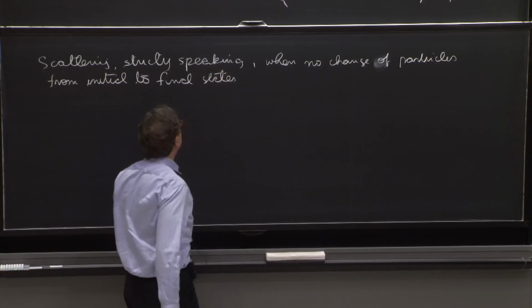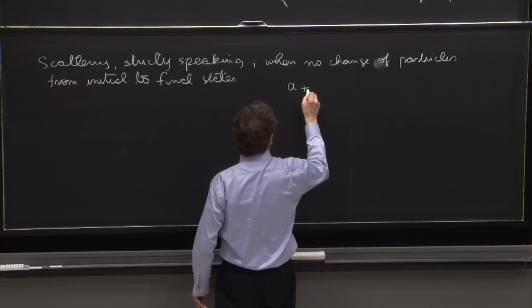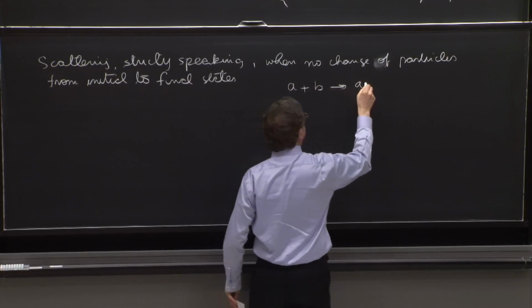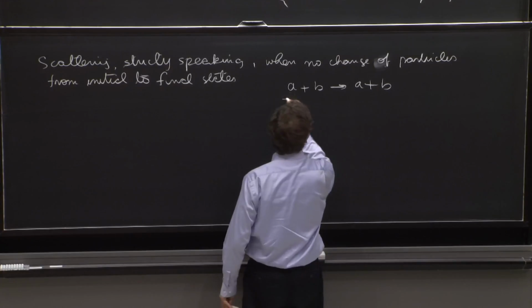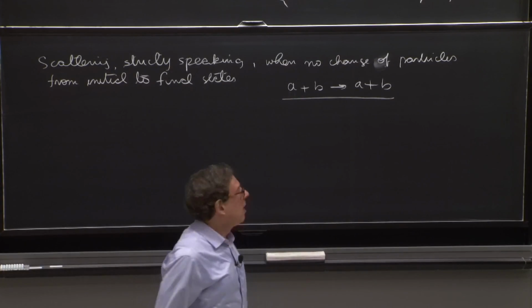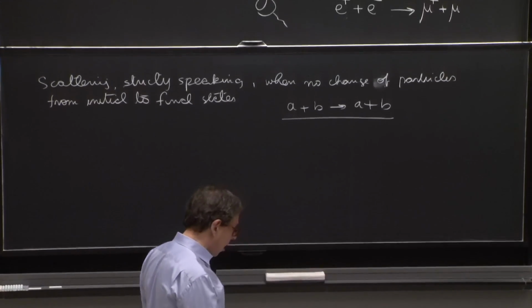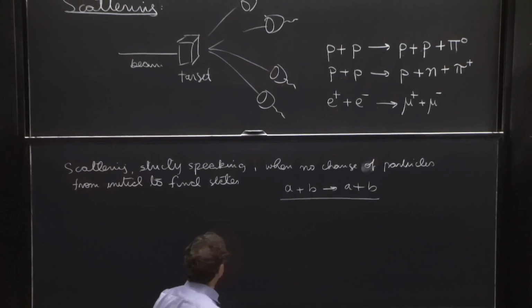So a scattering process looks like A plus B goes to A plus B. We don't change identity. Those processes where you change identity are harder to discuss, and we won't discuss them here.